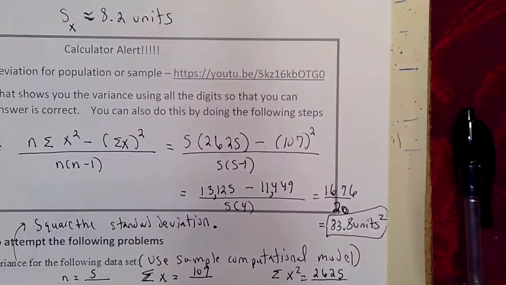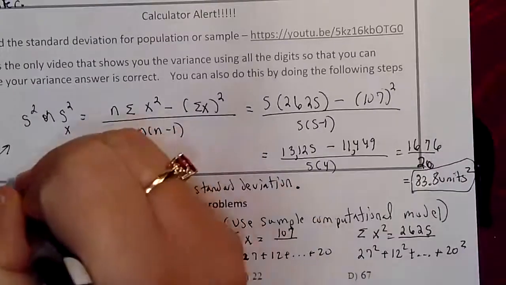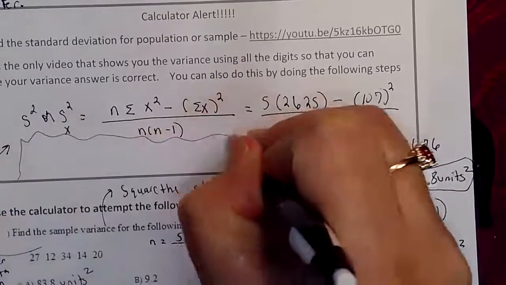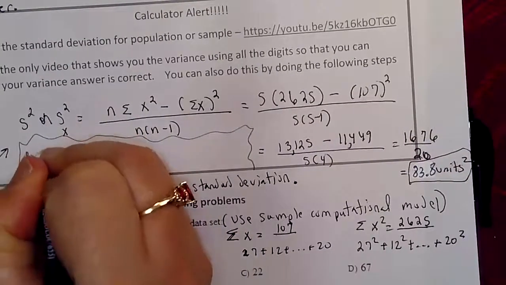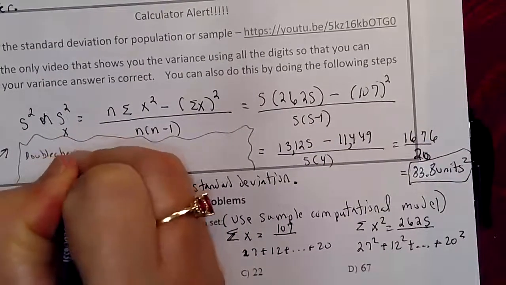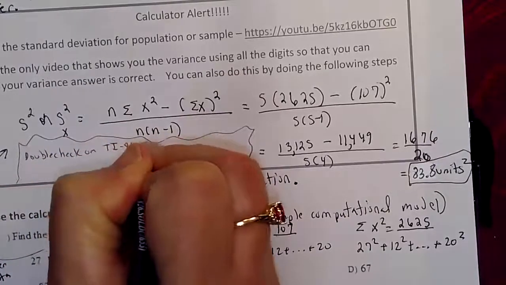Okay. Now when we check it, we also check it on the calculator. We take our S of x and we square it. And when we square it, we should get this. So I'm going to say here, double check on TI-84.